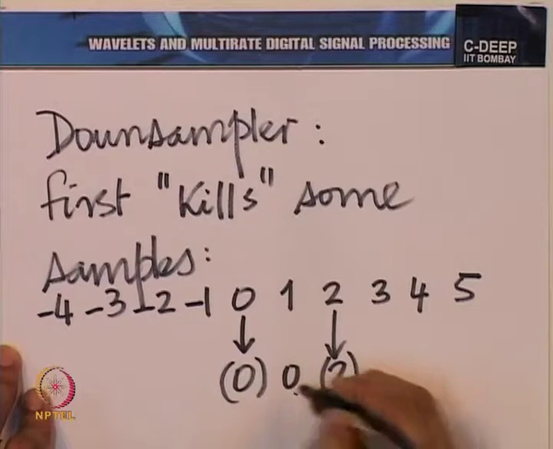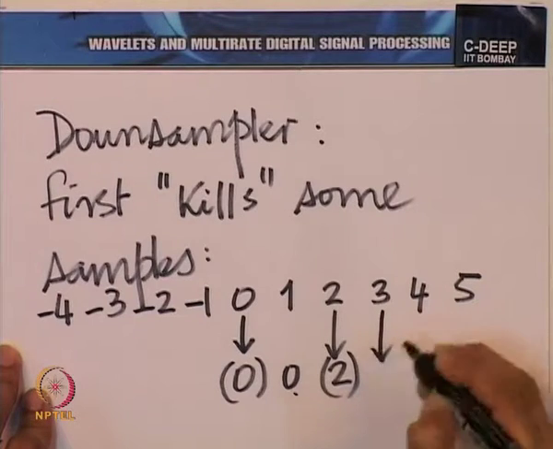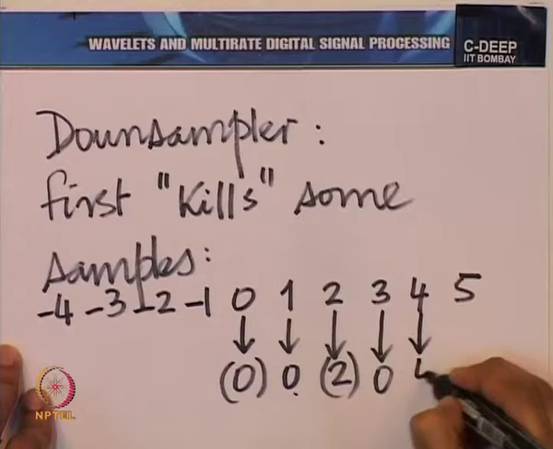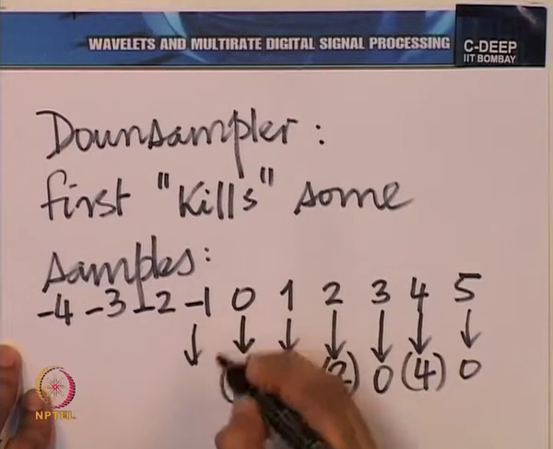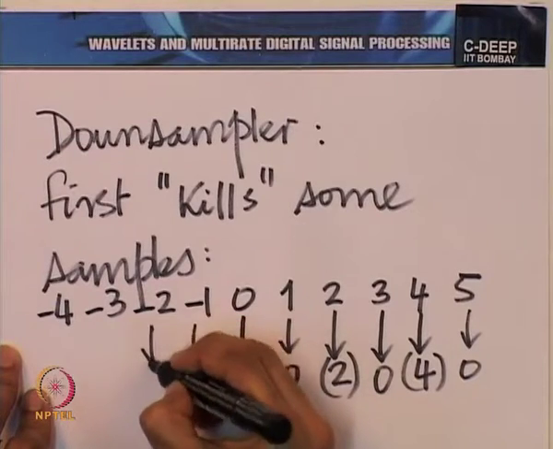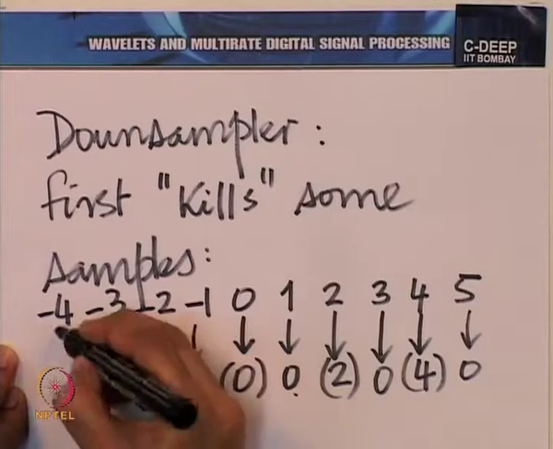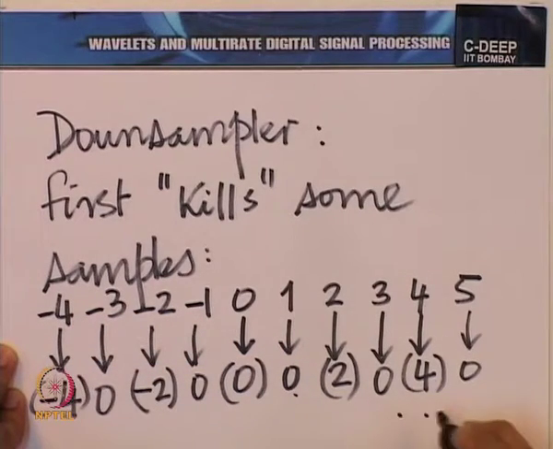And when I write 0 here, what I mean is this sample is made 0. So, this is made 0, 4 as it is, 5 is made 0, minus 1 made 0, minus 2 as it is, minus 3 made 0, minus 4 as it is, and so on and so forth. So, this is the first step.